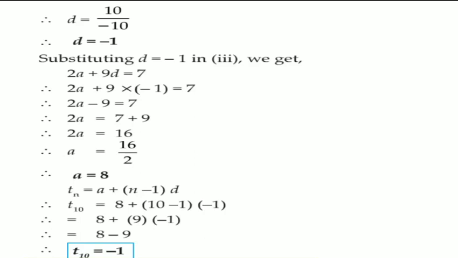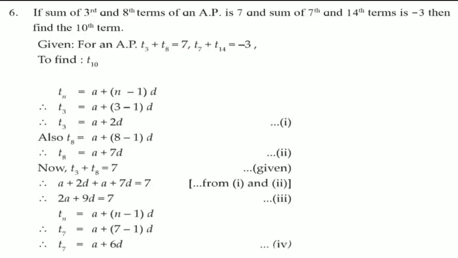Okay, once again, go through this. You have to write down the given thing, that is T3 plus T8 is equal to 7, T7 plus T14 is equal to -3. Make use of the formula Tn again and again. You have to make use of the formula 4 times here to get two equations, and from those two equations you can get the value of A and D by solving them simultaneously.